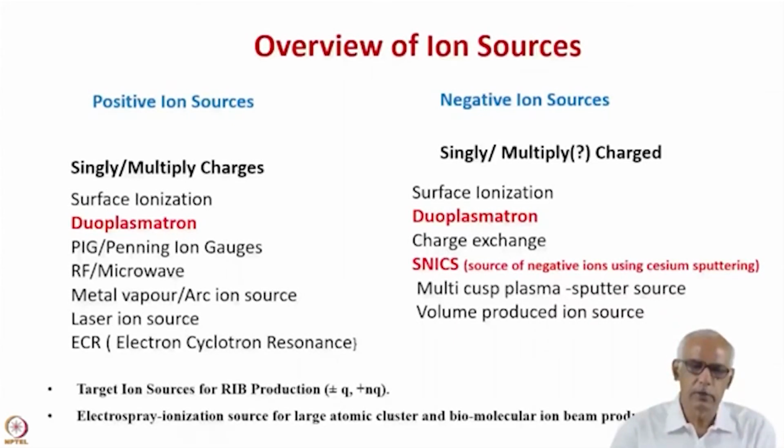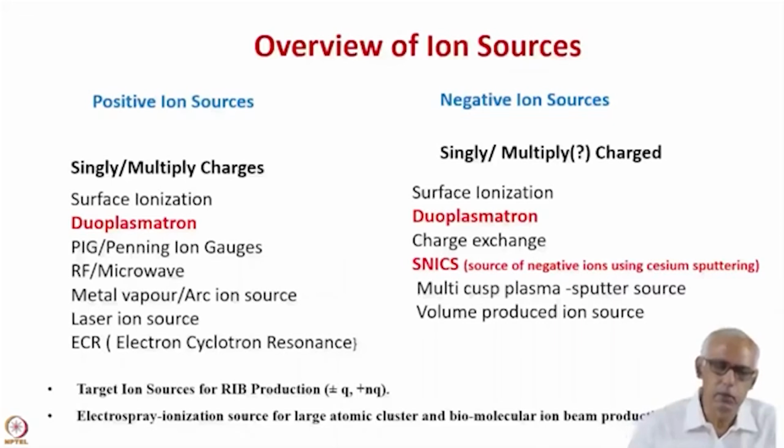Now let me just give an overview of ion sources, how they are produced and what kind of ion sources are available. Mainly, in addition to electron beams, we have positive ion sources, as I mentioned. For example, in the case of Van de Graaff accelerator or Cockcroft-Walton, positive ions are used.